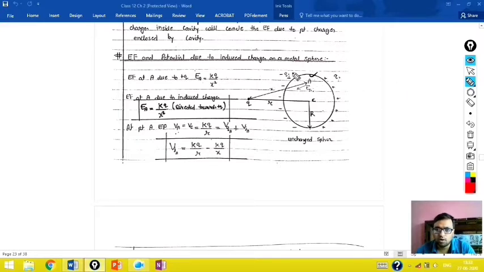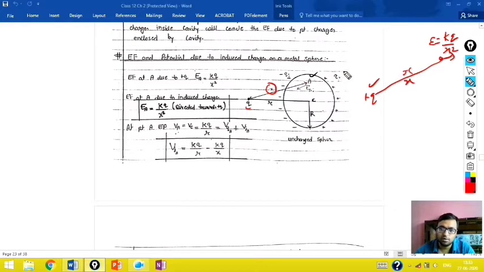Just ignore this sphere for a while. Just think we have only the plus Q charge at some place, and from the plus Q charge this point A is at a distance x. Then at a distance x from this plus Q charge, what should be the electric field? You will say the electric field should be kq upon x square, directed away from the positive charge.